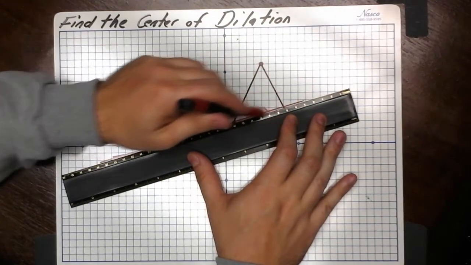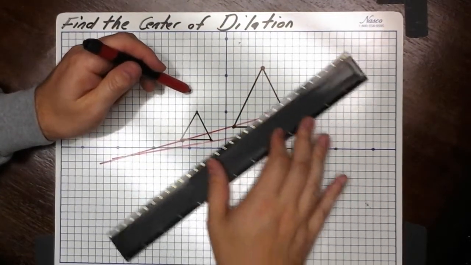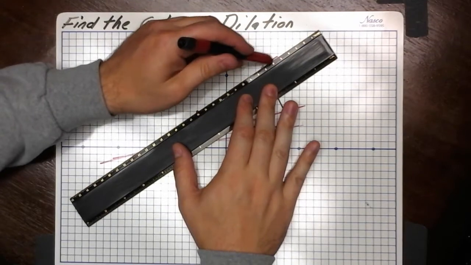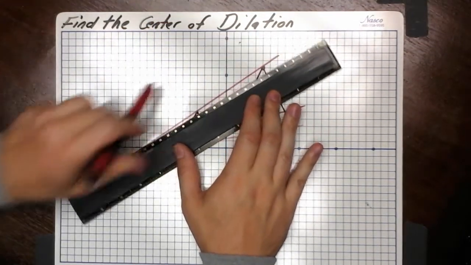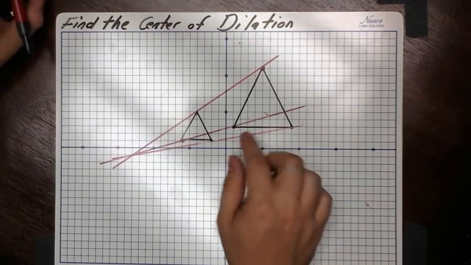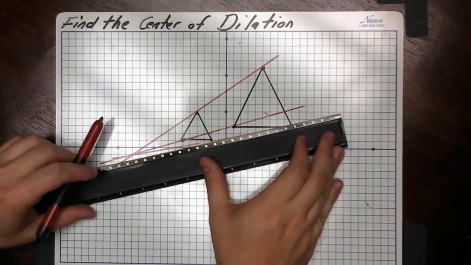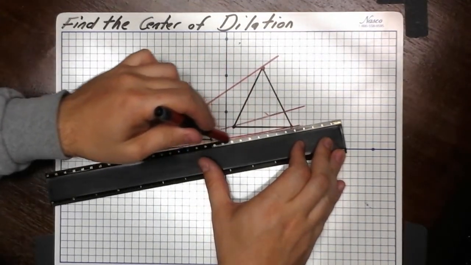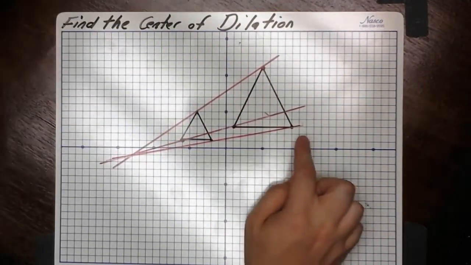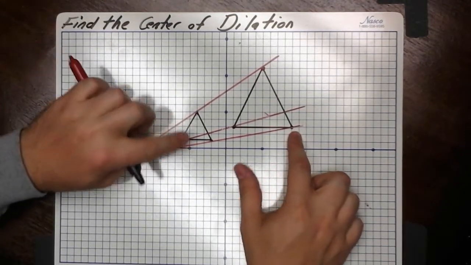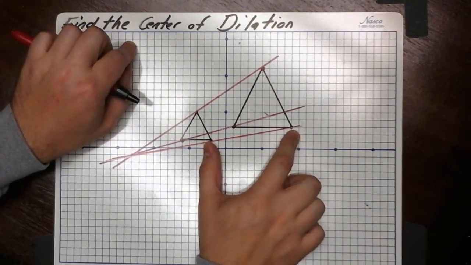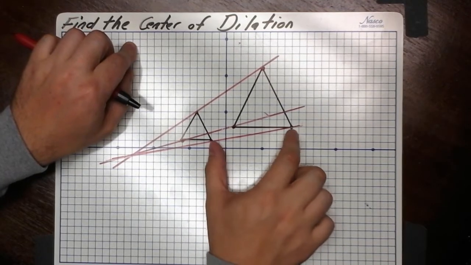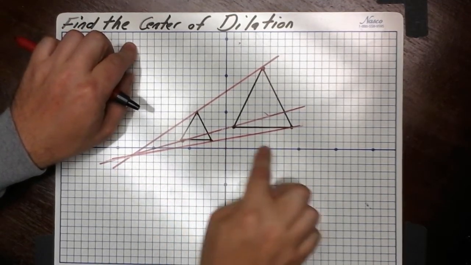And I am drawing my lines, okay? Sometimes what I will do is associate my points with each other, but I messed up that line there. All I'm doing is applying my ruler to the lines that correspond, to the angles that correspond with each other. So this angle and this angle correspond. They line up.